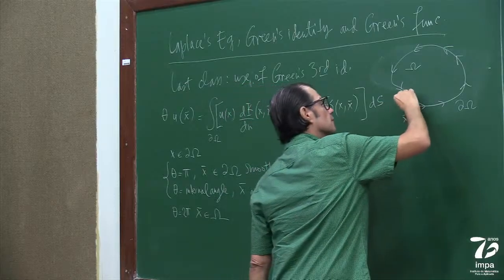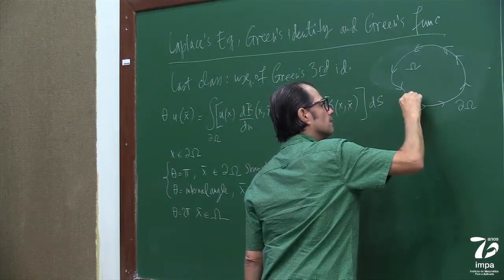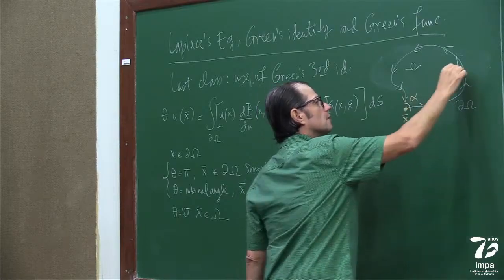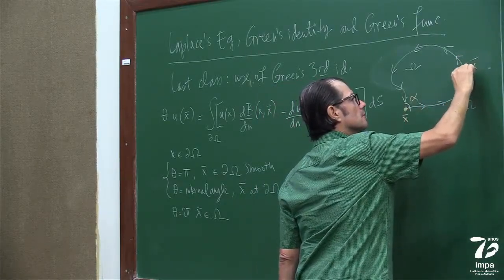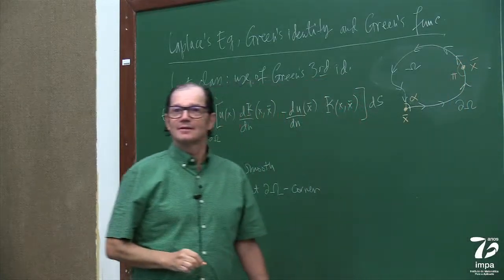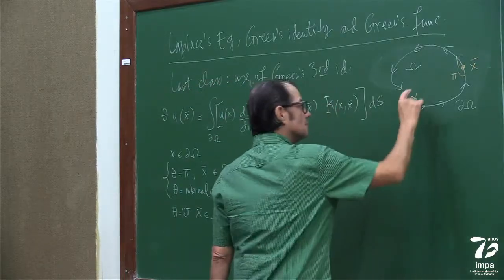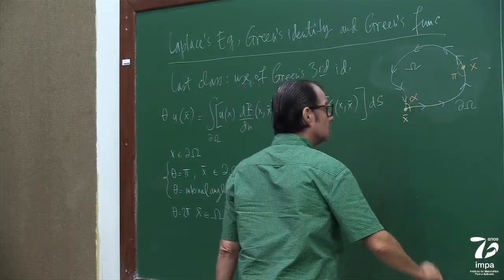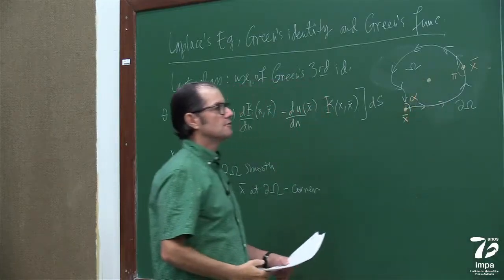This is the internal angle. Let me highlight it. We can have a point x bar here. This is the internal angle, pi, right? And if we have a point in the interior, this theta is 2 pi.